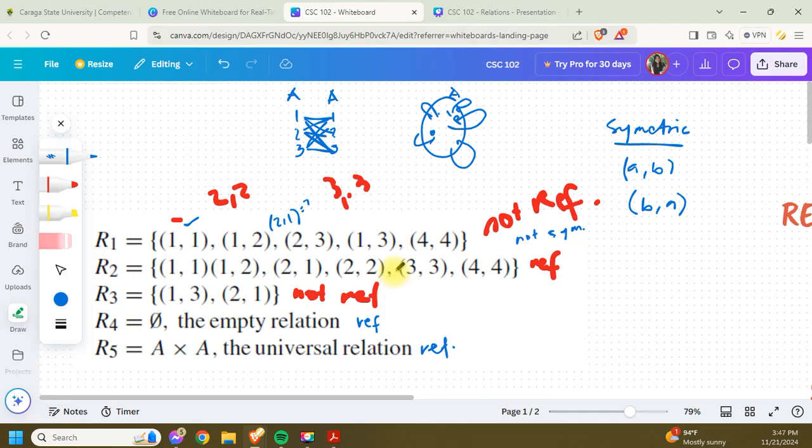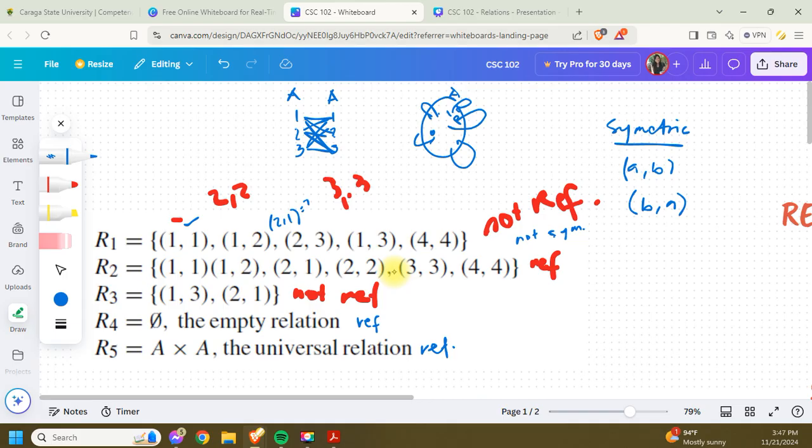You cannot call this asymmetric either, I mean antisymmetric, because when you say antisymmetric, there should be an existence of 1,1. I'll be discussing that later. For now, we're only looking at symmetric or not symmetric. So this one is 1,2, so there is also 2,1, 2,2, 3,3, 4,4.